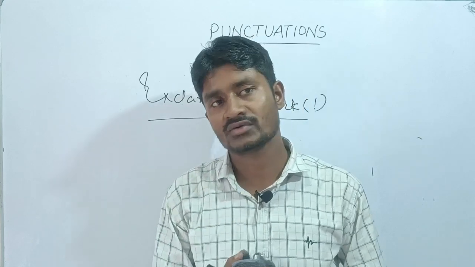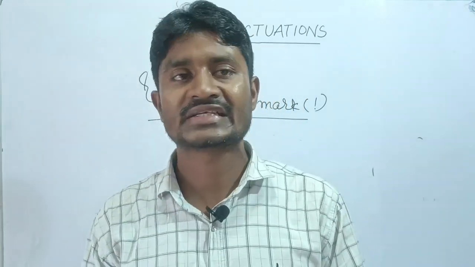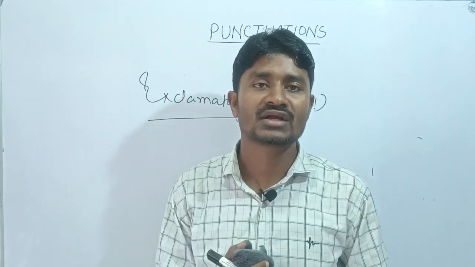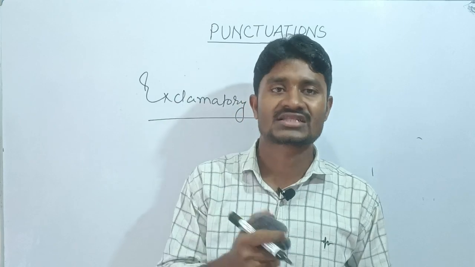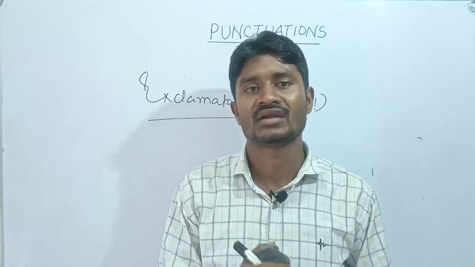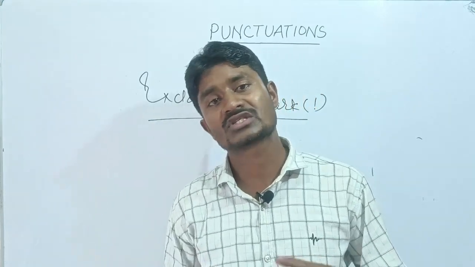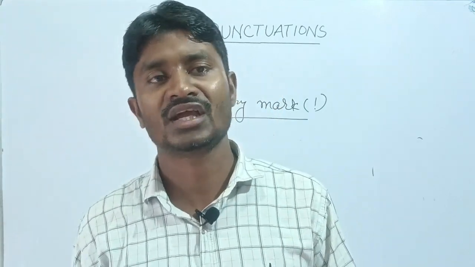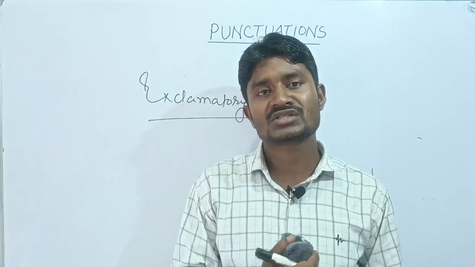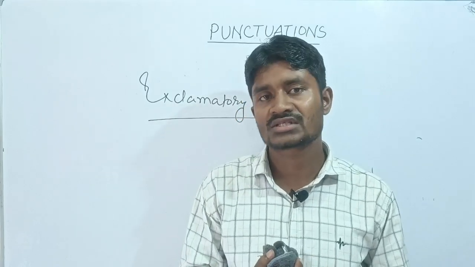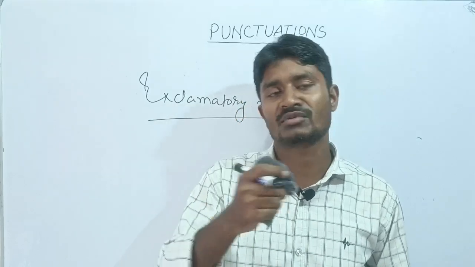In my previous video we already discussed the exclamatory sentence. To repeat, an exclamatory sentence is one that expresses sudden or strong emotions or feelings. It may be surprise, anger or joy. An exclamatory sentence starts with a capital letter and ends with an exclamation mark.